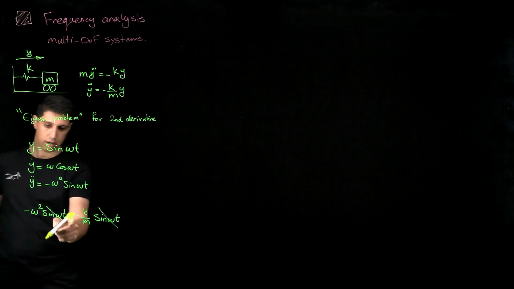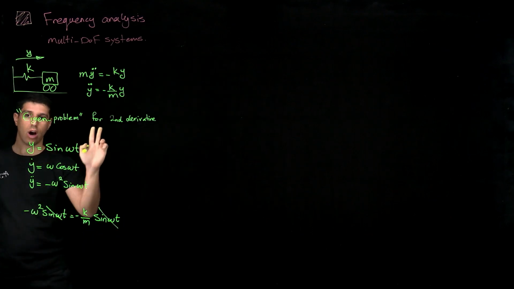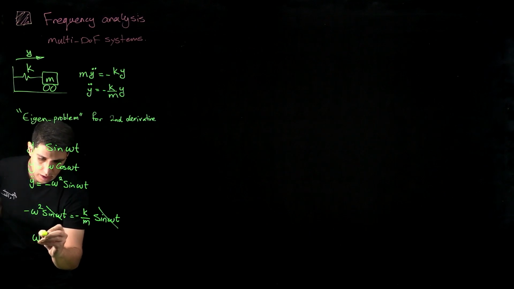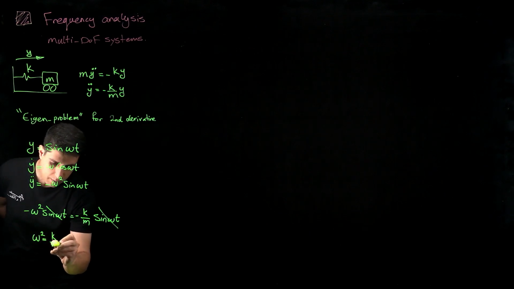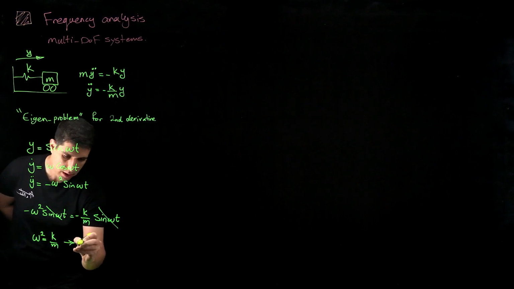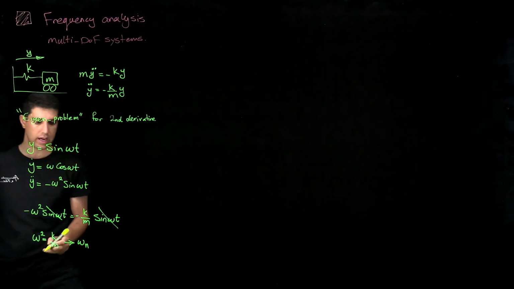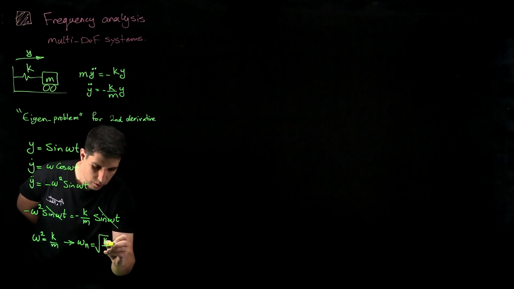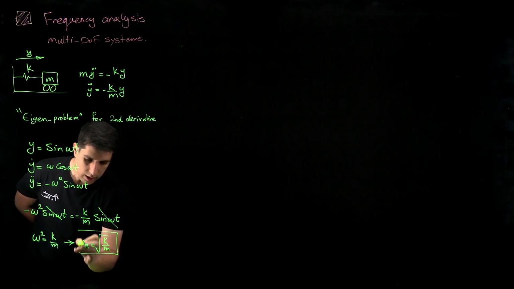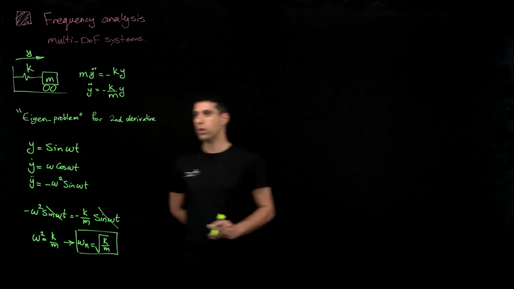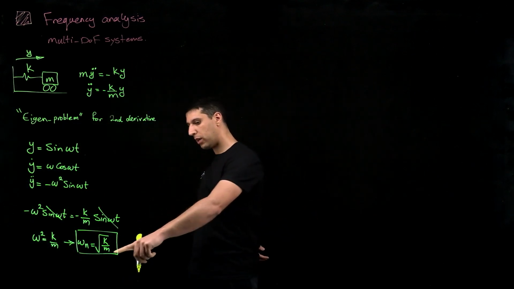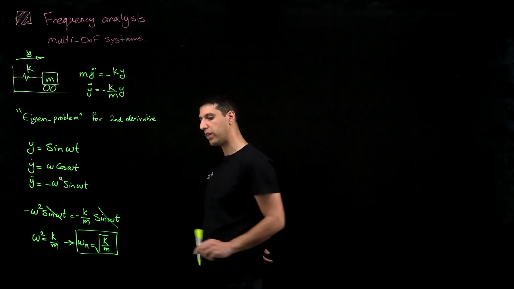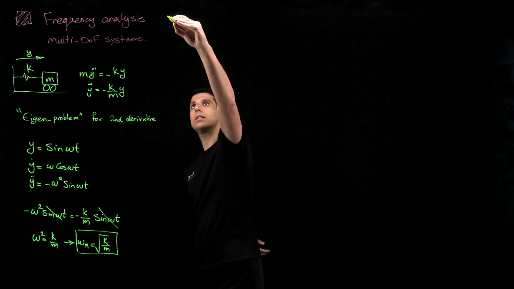And from here, you can calculate the eigenvalue of this eigen problem. Omega squared equals k over m, something we had seen before, we called it natural frequency. Omega is the square root of k over m. So we solved this eigen problem. We calculated the eigenvalue of it to be the natural frequency of the system.